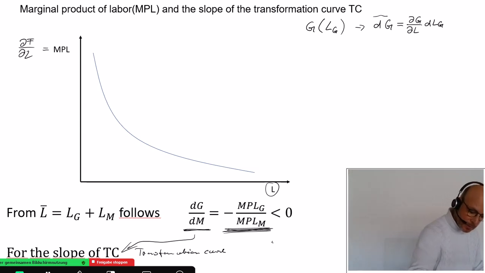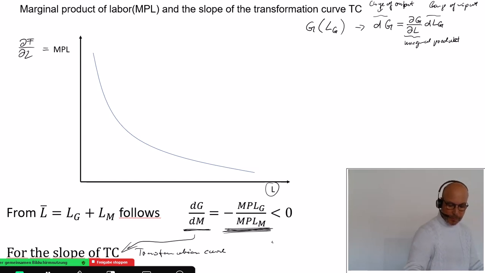So this is the change of output, the change of input, and this is the marginal product of labor.